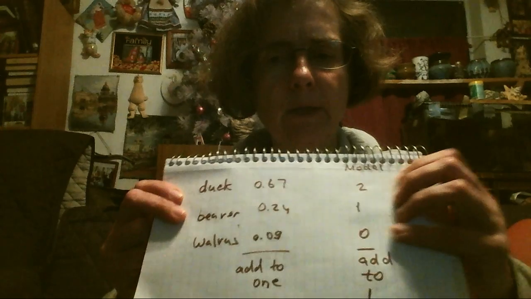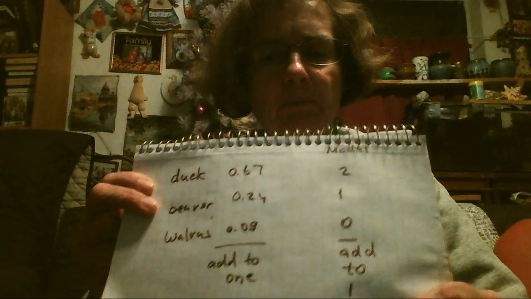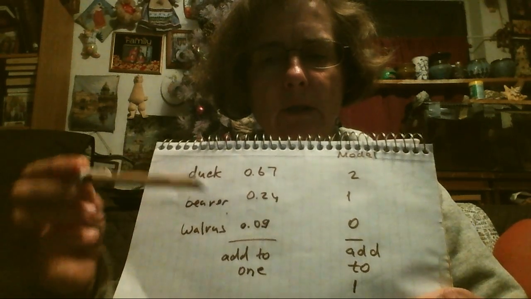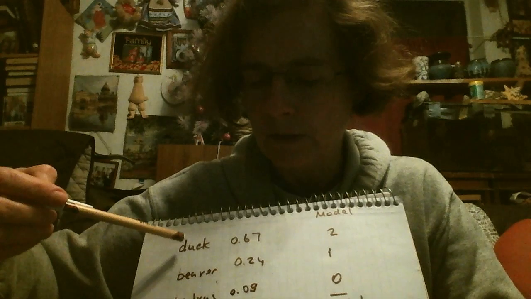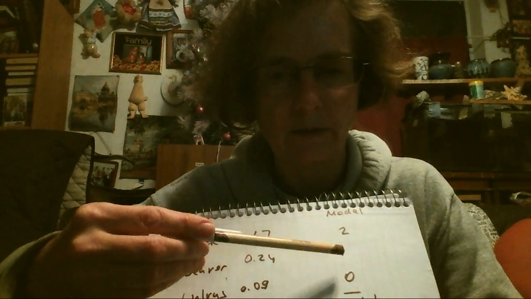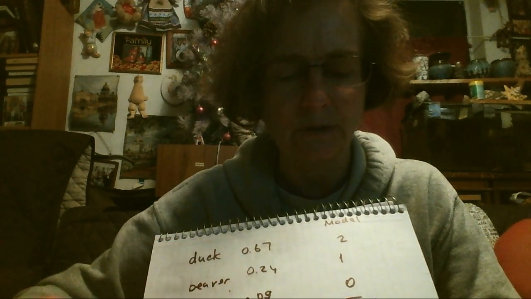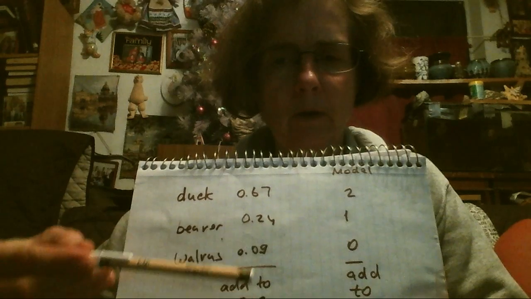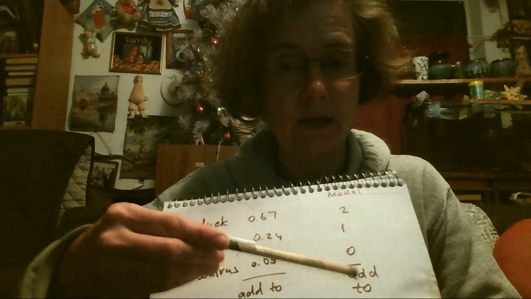Say we have a model that produces scores for our duck, beaver, and walrus. So right here duck is going to have a score of 2, beaver a score of 1, and walrus a score of 0. But we need to have this add up to 1.